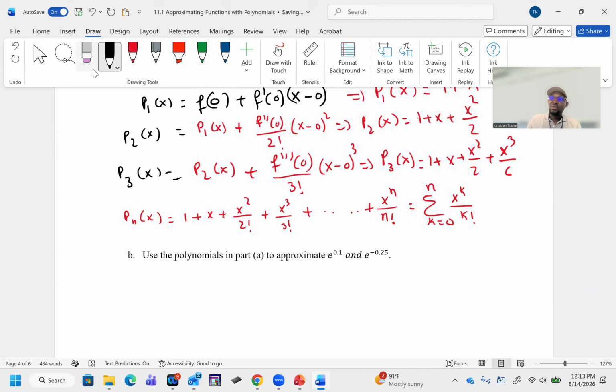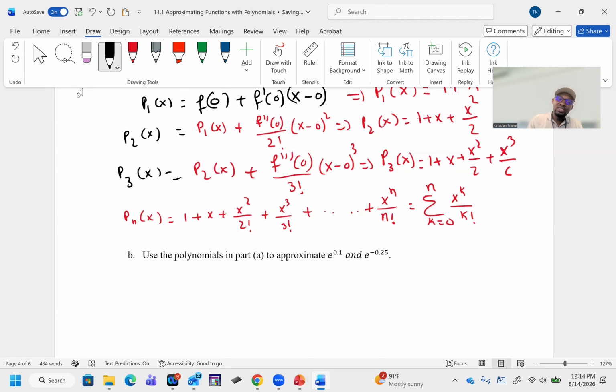So now next, we are asked to use the polynomial in part A to approximate e to the power of 0.1 and e to the power of negative 0.25.